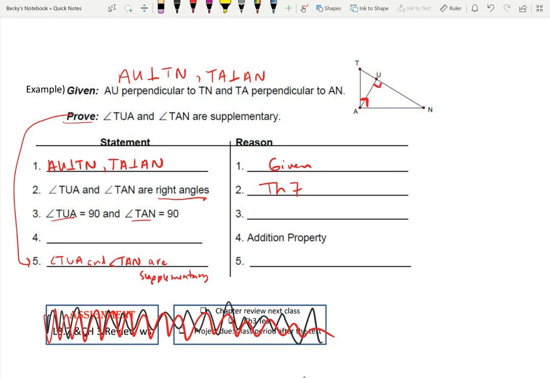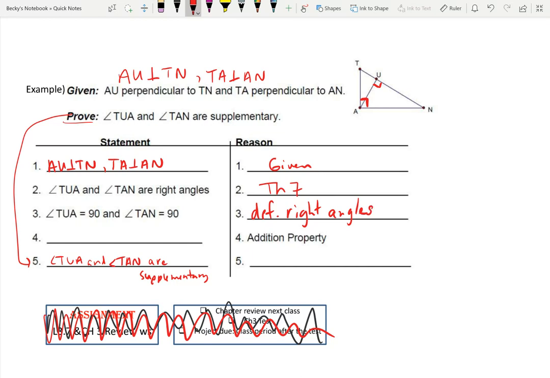No, that's not what we're saying. We're saying that this angle here and this angle both are 90 degrees. So how do we know right angles are 90 degrees? Because we know the definition of a right angle. So step 3 is definition of right angle.